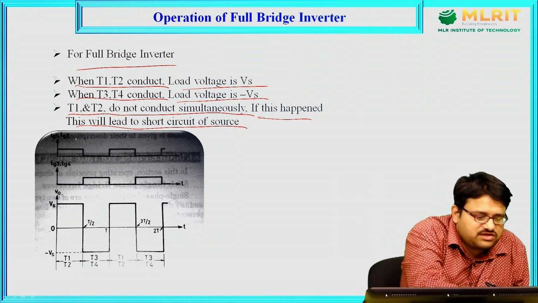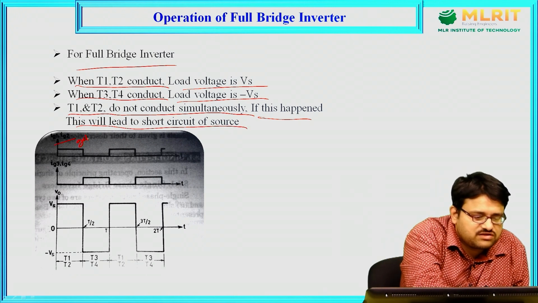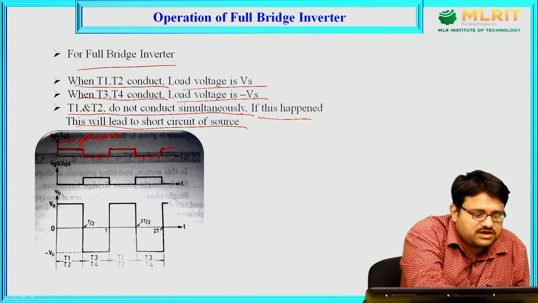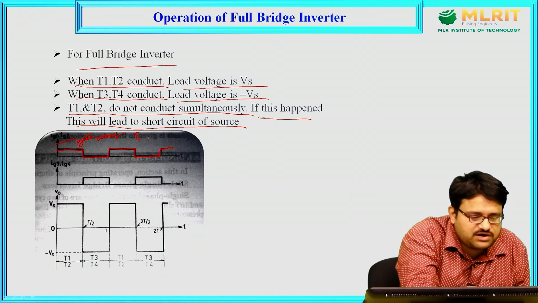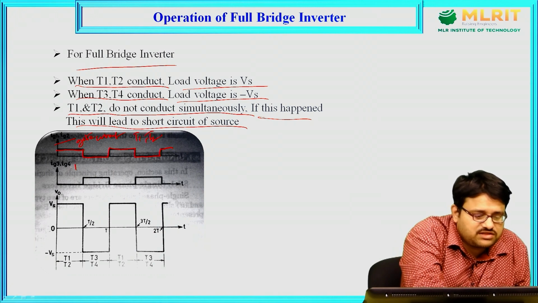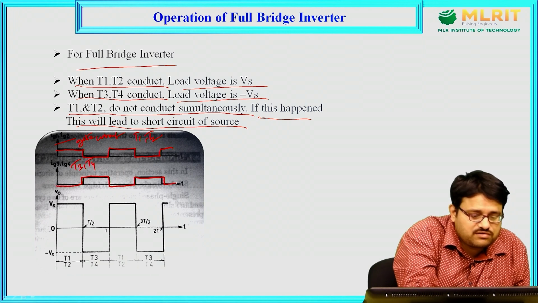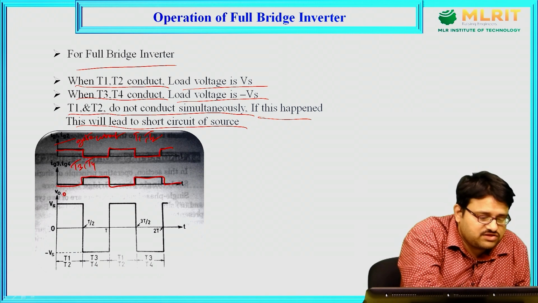So here we can see the gate pulses, the gate current. First the waveform will look like this. Then again this is for T1 and T2, and this is for T3 and T4. Next these are the output voltage waveforms.